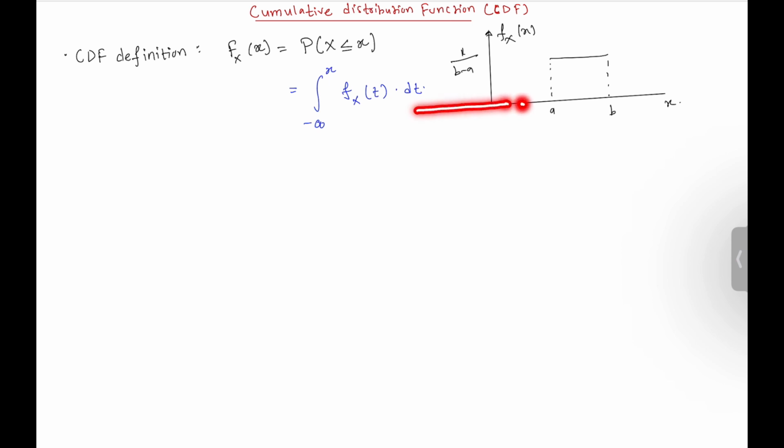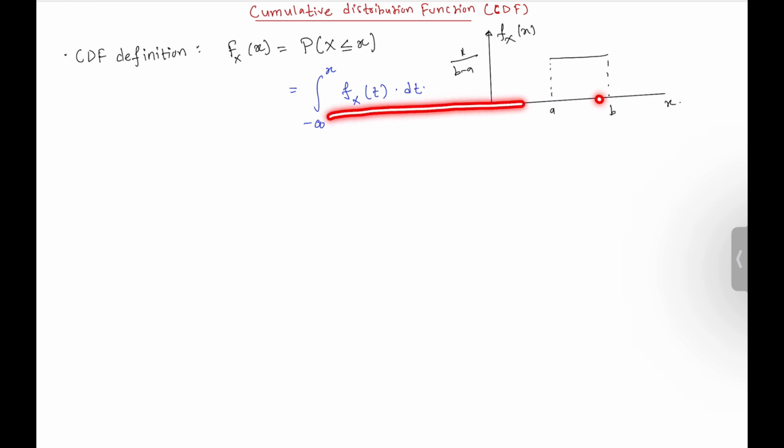Let's say x belongs to somewhere here. Then you are finding the area from minus infinity to this point, and it will be 0. Let's say x belongs to somewhere here. Then again you integrate from minus infinity to this point, and here you will get some area. Let's say x is somewhere here.